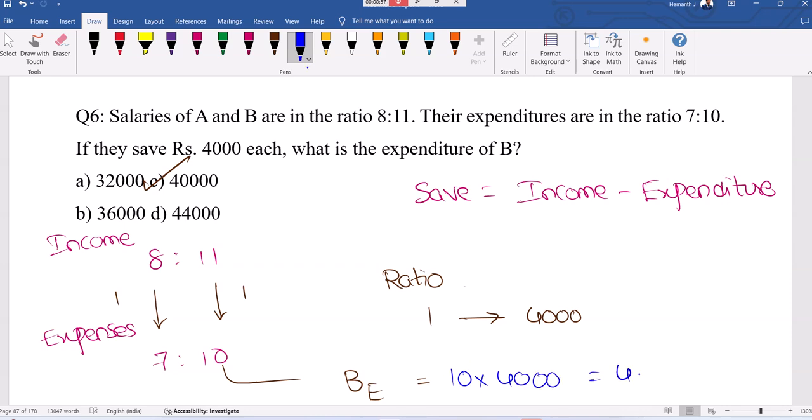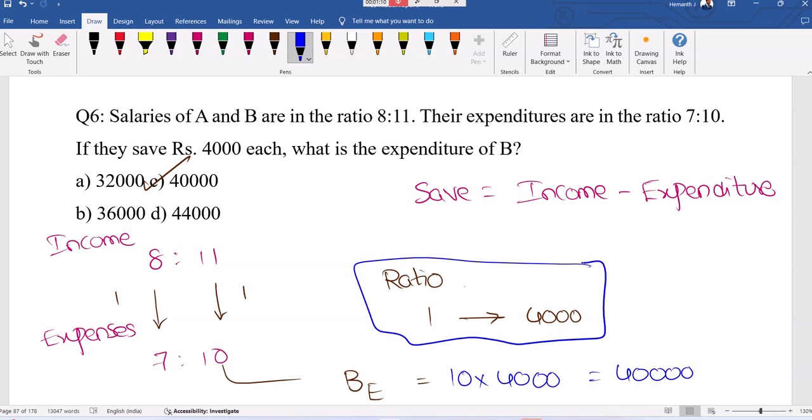This question is a bit easy because it is maintained exactly, both are decreased by 1, and that 1 is nothing but 4,000. Ratio 1 equals 4,000 outside, so 10 means 10 into 4,000, we can say 40,000 directly. Sir, what is B's income? 11 into 4,000, 44,000.